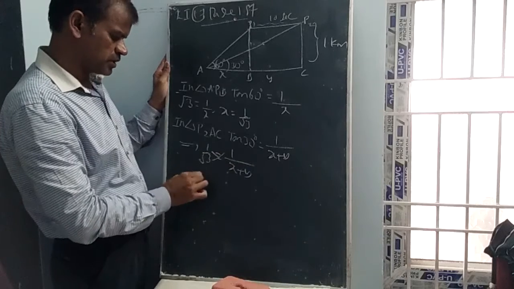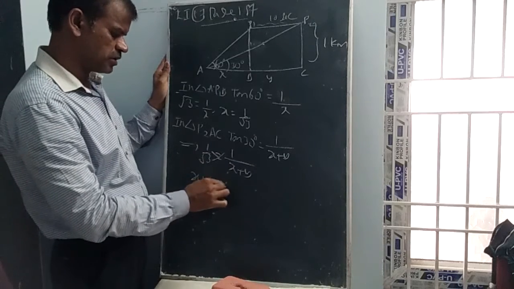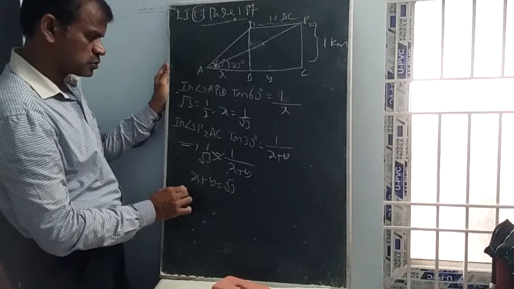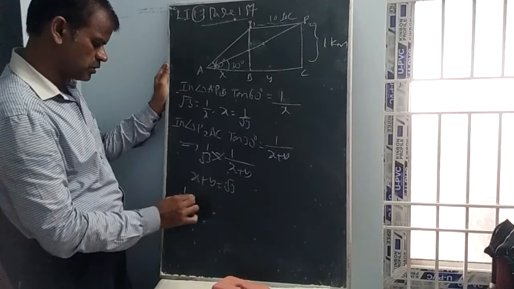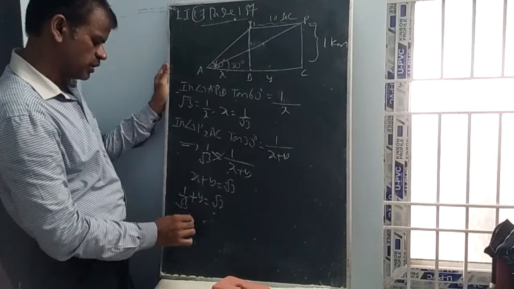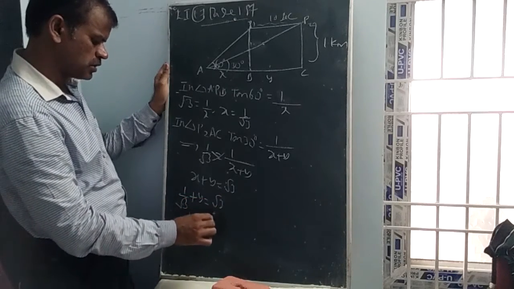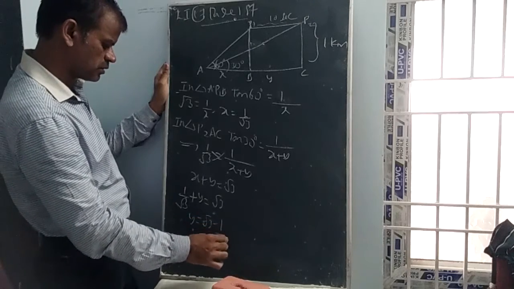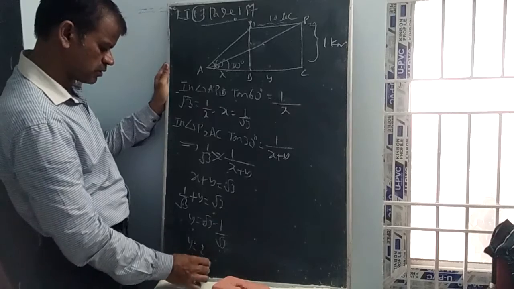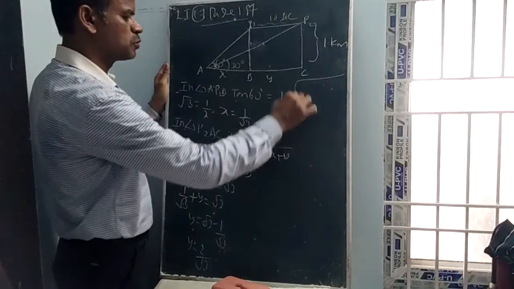Taking cross multiplication, we get x plus y equal to root 3. So x, which is 1 by root 3, plus y is equal to root 3. So y is equal to root 3 minus 1 by root 3, which is 2 by root 3.